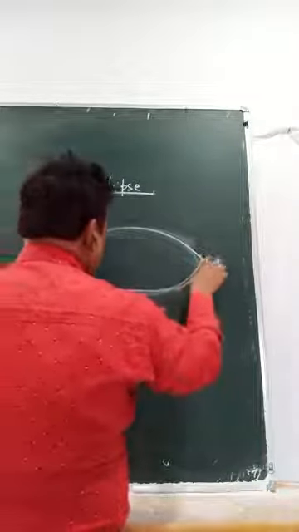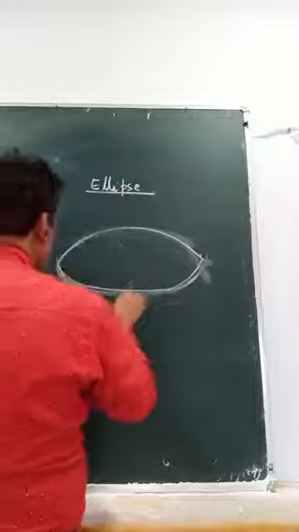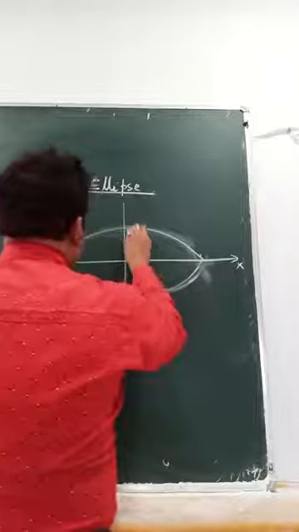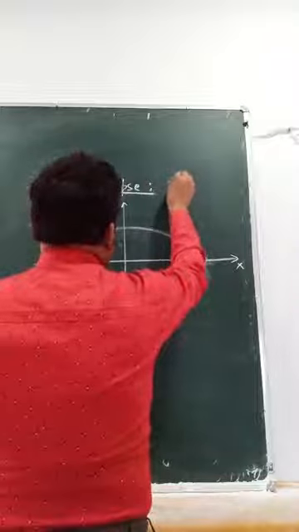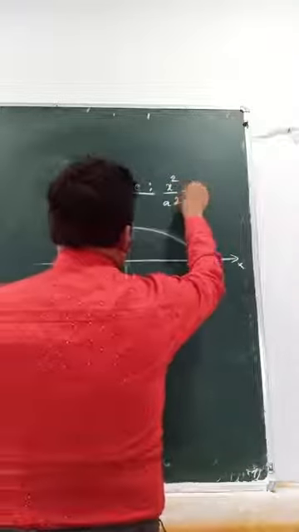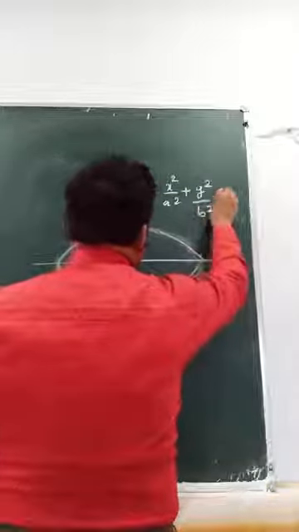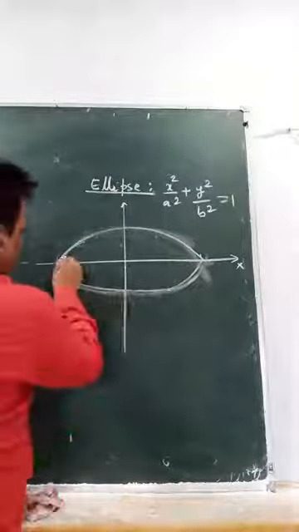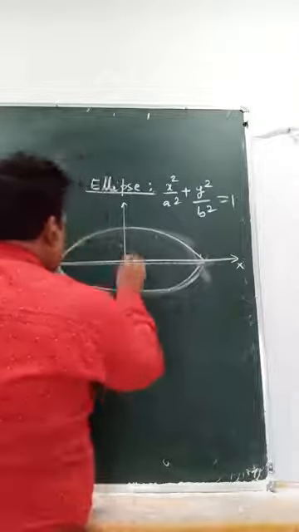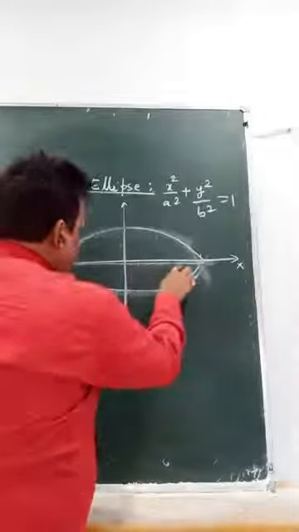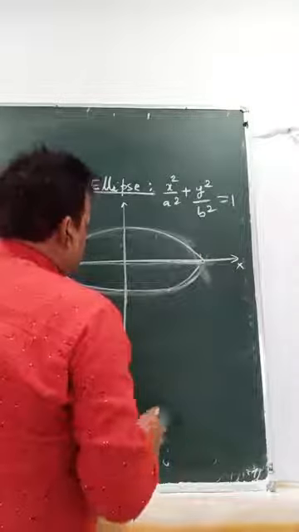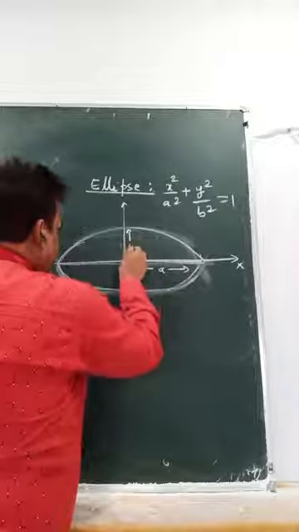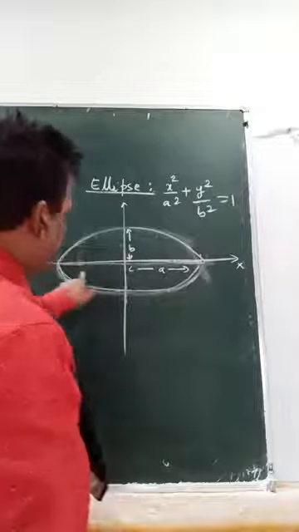If I consider an elliptical figure, here the equation is x square by a square plus y square by b square equals 1. This is called your major axis. This is called your minor axis. This is the semi-major axis, so this is your a value. This is your b value. Okay, 4 equal parts now.